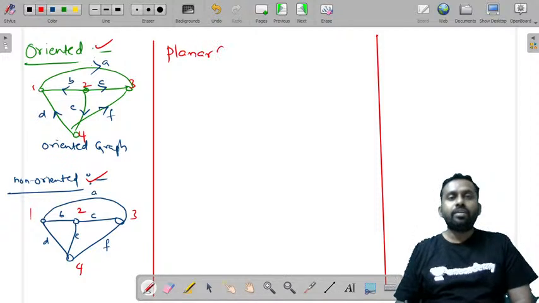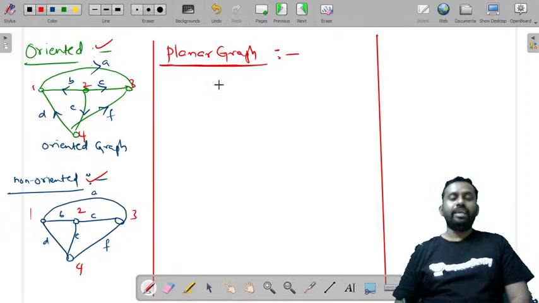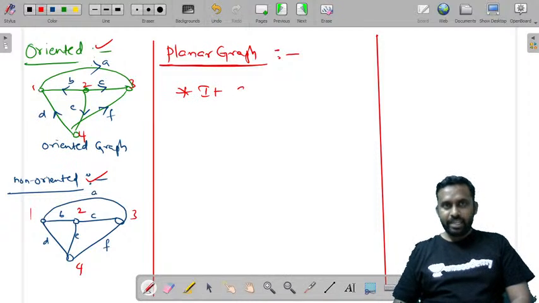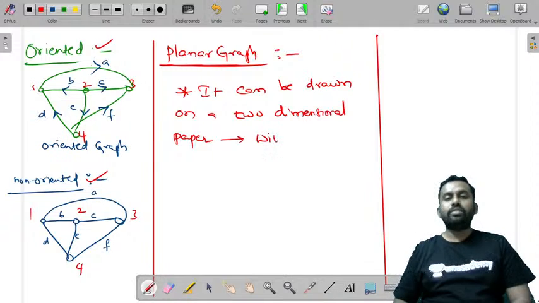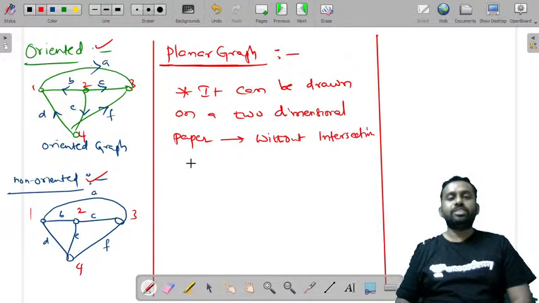What is a planar graph? A graph is said to be planar if it can be drawn on a two-dimensional paper without intersection of branches.